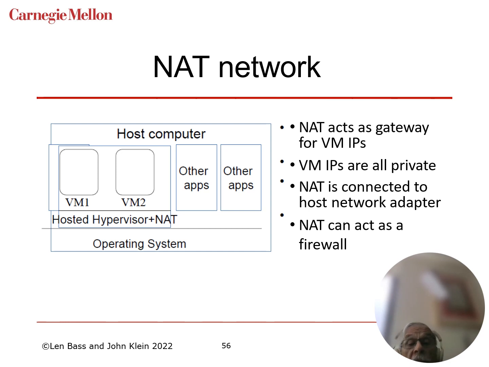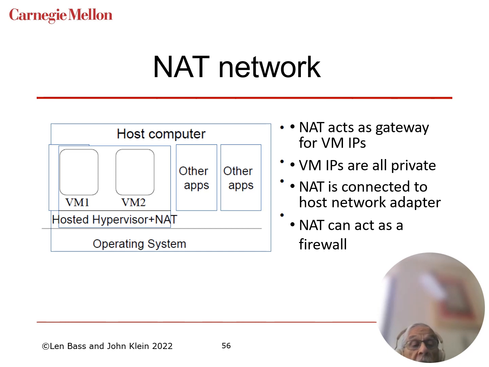A NAT network is different. NAT is a piece of software, and it acts as a gateway for the virtual machines and for their IPs. So this makes the IPs in the virtual machine all private. The NAT is connected to a host network in the hypervisor, and it could act as a firewall.